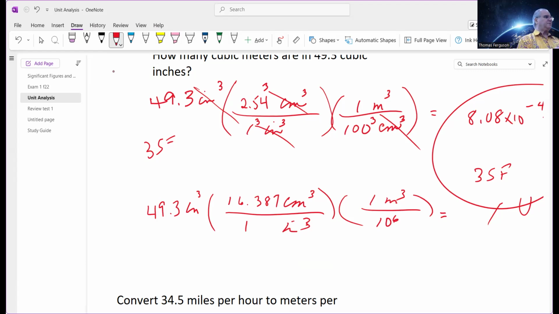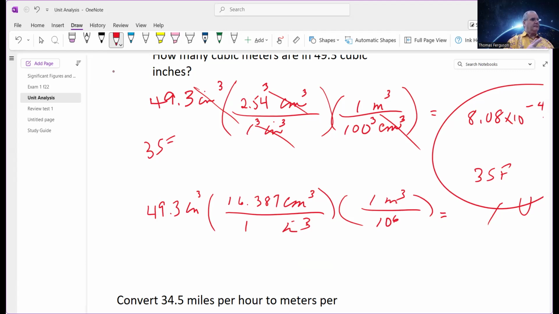Now I get the same answer. I think where I messed up is I rounded 2.54 cubed. I was a couple of numbers off. But when you're doing that, put as many of those in as you can.